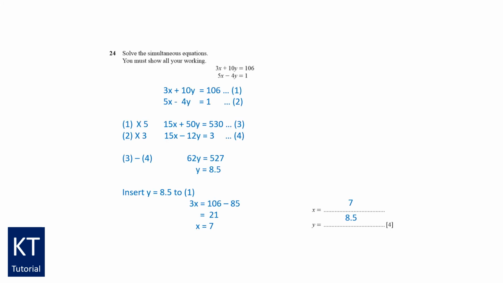Both equations will need to be multiplied to get one of the variables equal in magnitude. This is achieved by multiplying equation 1 by 5 and equation 2 by 3. Upon completion of this, equation 4 is subtracted from equation 3 to solve for y. And upon inserting the value of y into equation 1, we can solve for x.